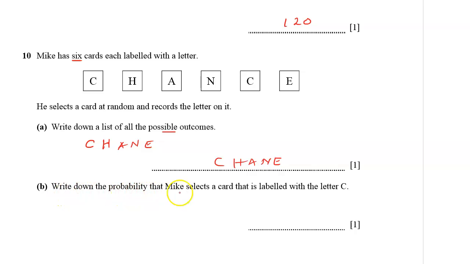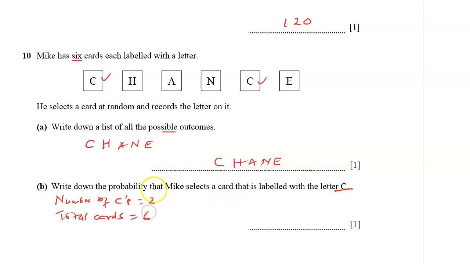Write down the probability that Mike selects a card that is labeled letter C. So there are two cards labeled letter C, so the number of C's is 2, and total cards is 1, 2, 3, 4, 5, 6.